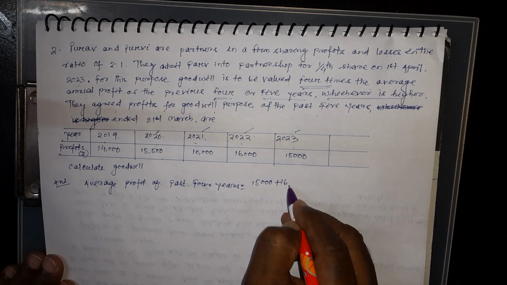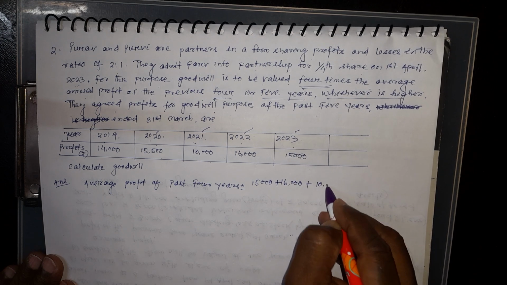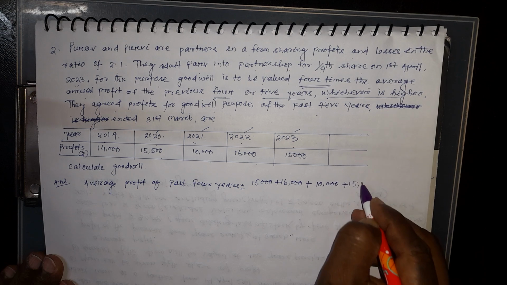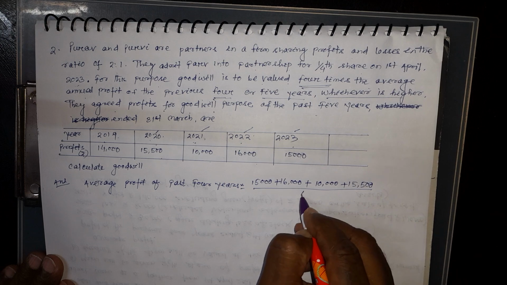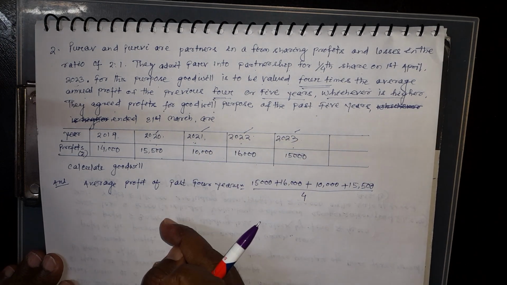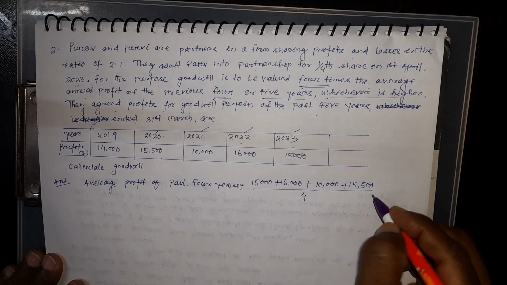plus 16,000 plus 10,000 and 15,500. Clear? Divided by 4, because the last 4 years are given. So this is the last 4 years. Don't take from the other side, it will be wrong. Clear?